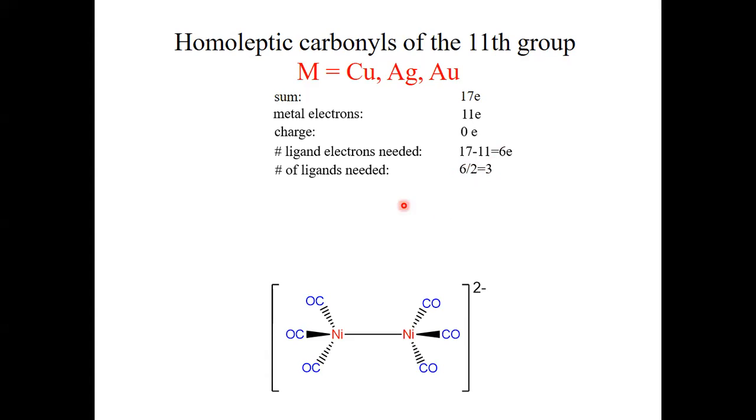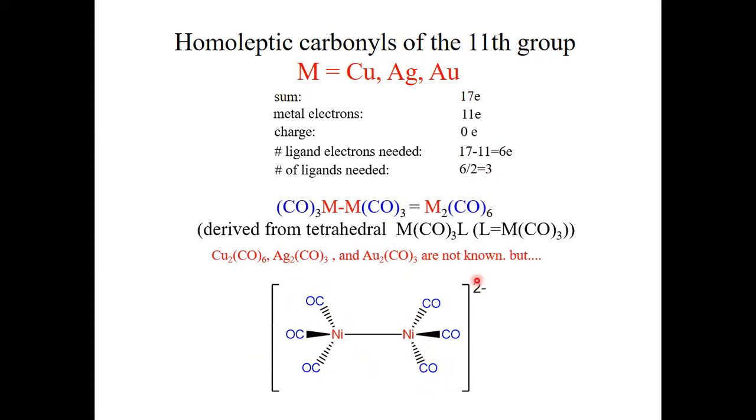So we would expect tricarbonyl fragments dimerized. And you see this here for the nickel. We have here this nickel tricarbonyl fragment and this nickel tricarbonyl fragment, which is dimerized. You see that, well, in this case, we need a 2 negative charge. That is because the nickel has 1 more electron than the copper, the silver, and the gold.